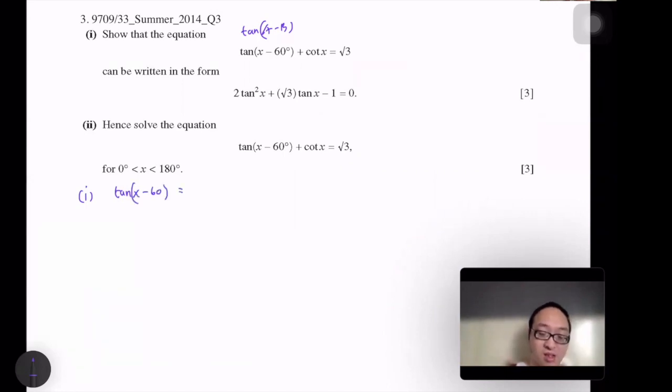If you see from the RF19, tangent A minus B is tangent A minus tangent B over 1 plus tangent A tangent B. So we just replace A and B with x and 60. So it becomes tangent x minus tangent 60 divided by 1 plus tangent x tangent 60.